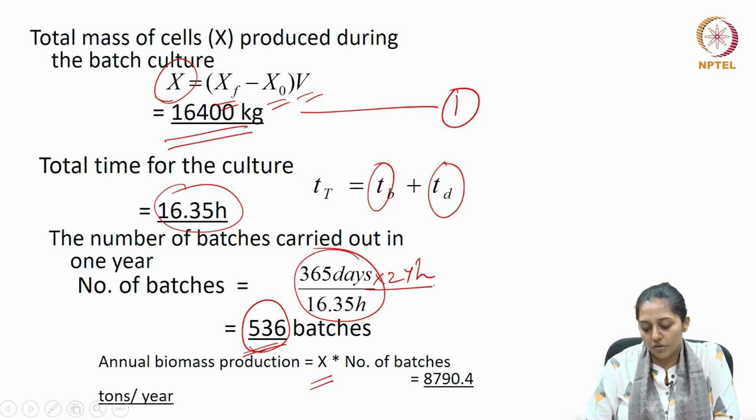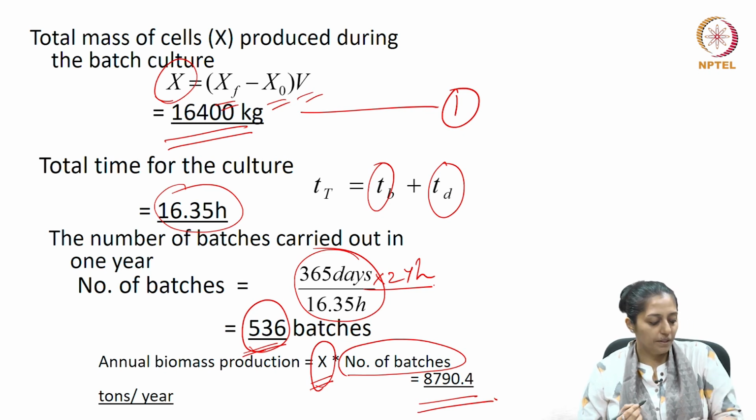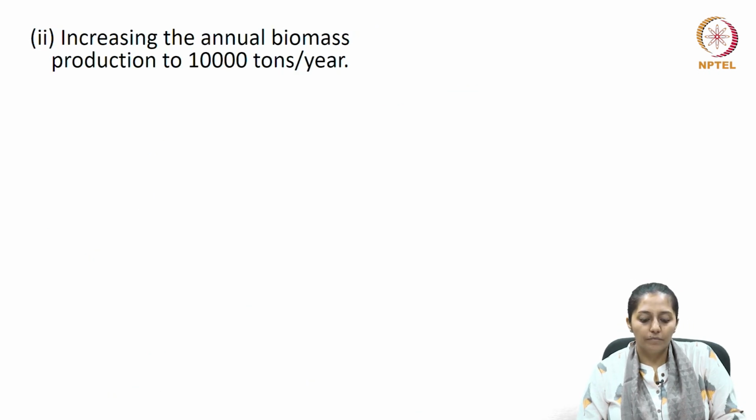So, if you know the total number of batches which can be run, you multiply it with the amount of biomass which you obtain after running one batch, and you get the total amount of annual biomass produced, which is 8,790.4 tons per year.